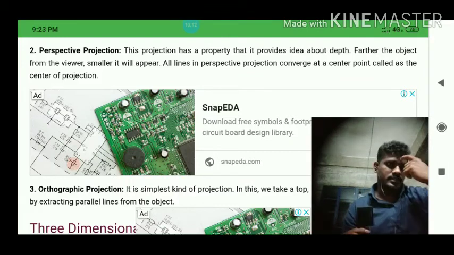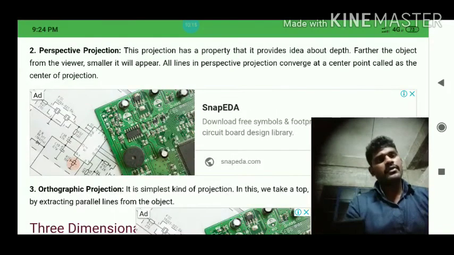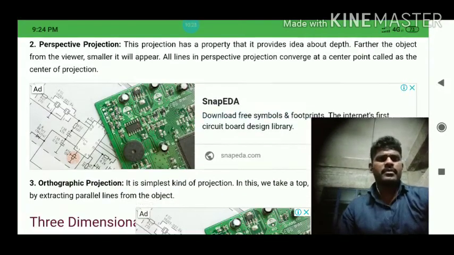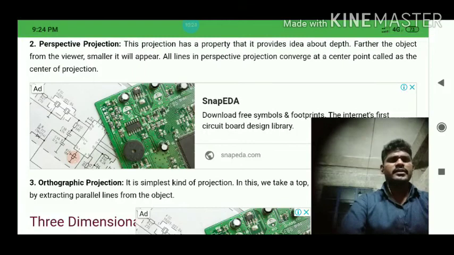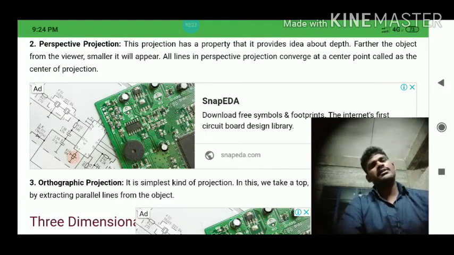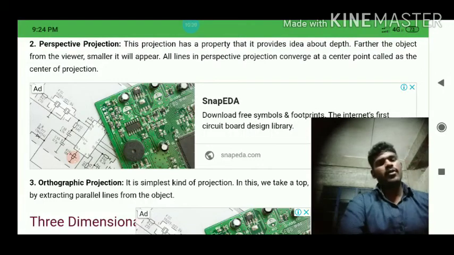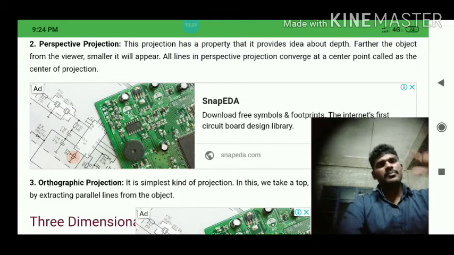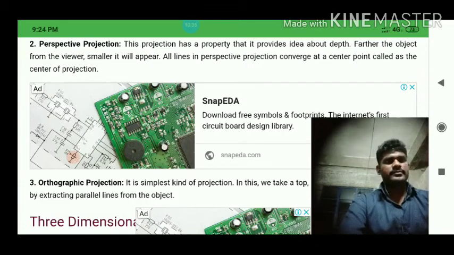What does it tell? For example, when you look at a tree or a pillar, the top and bottom may not be joined together.